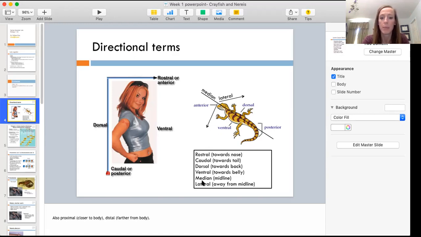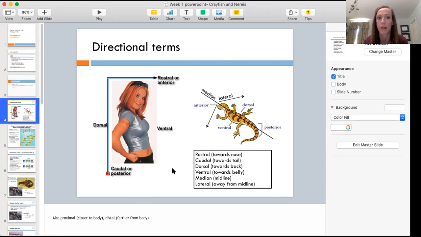And then median means midline. It would be just like down the center of the organism. And lateral means to either side. If I say it's lateral to that, it could be to the left, could be to the right, but it's away from the midline. Okay. And then sometimes I might use terms like proximal, which means closer to the body, and distal, which means further from the body.